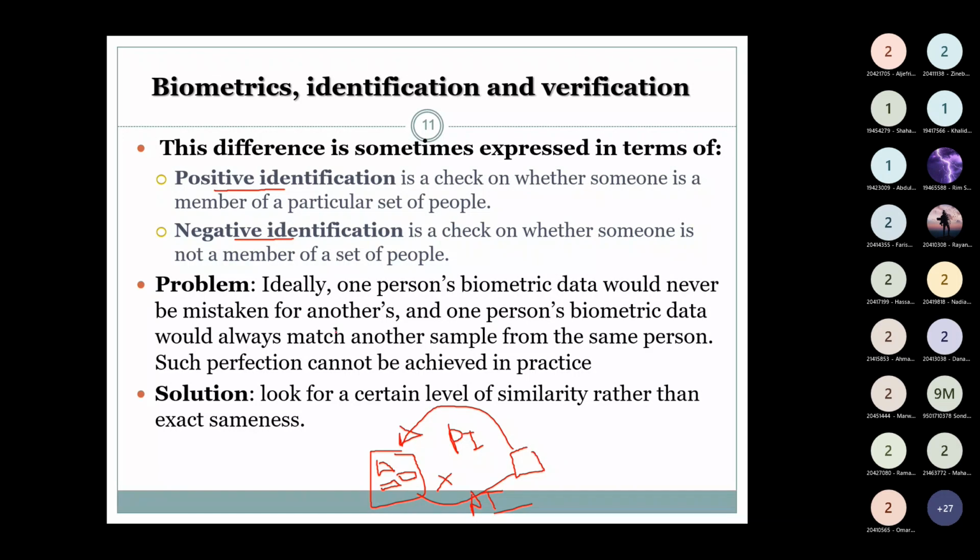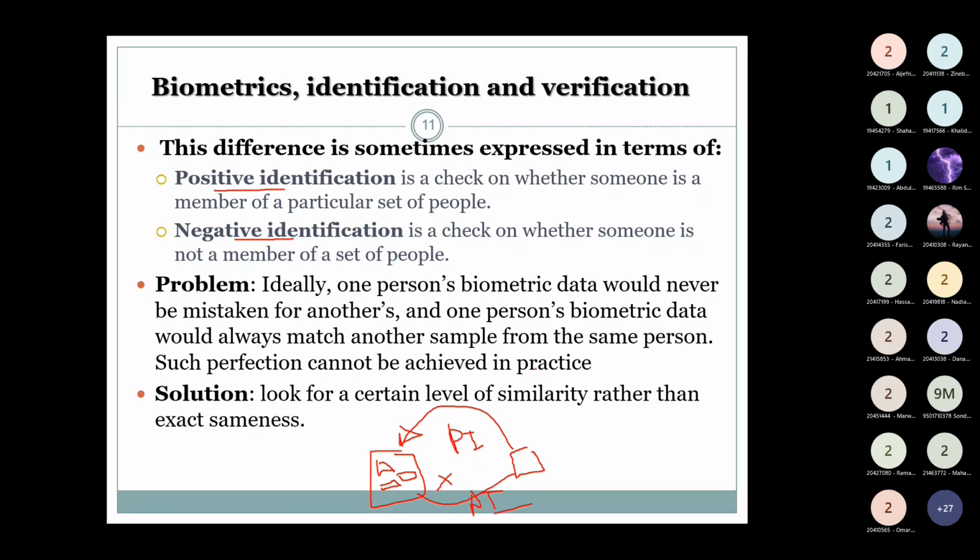So such perfection cannot be achieved in practice. In reality, we cannot have two persons with the same biometric data. Is it clear or not? Do you agree? Are there any two persons that have the same fingerprint, or the same iris?